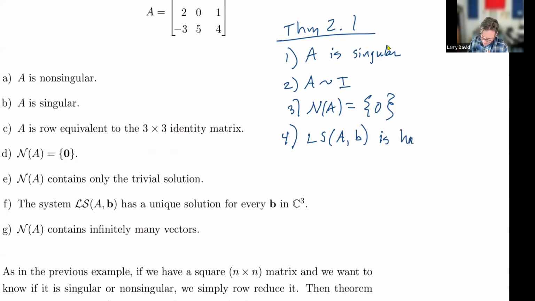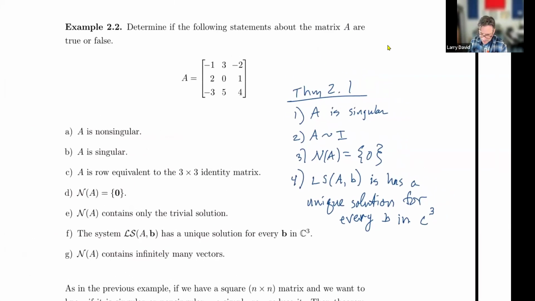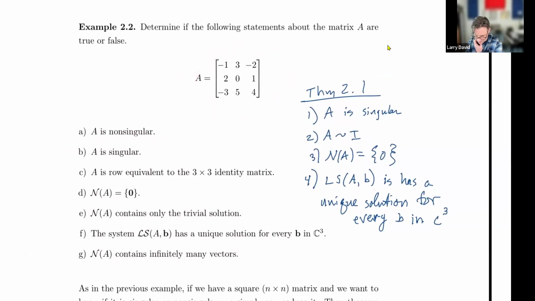It has a unique solution for every B in this case, C3, because A is 3 by 3. All right, so let's see what these 4 things will tell us about these statements.